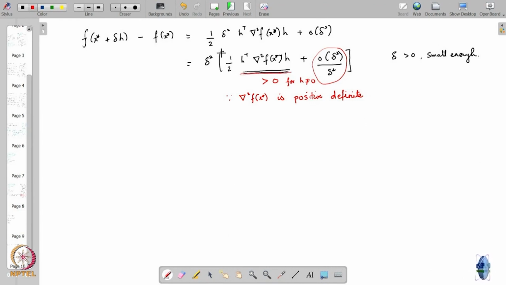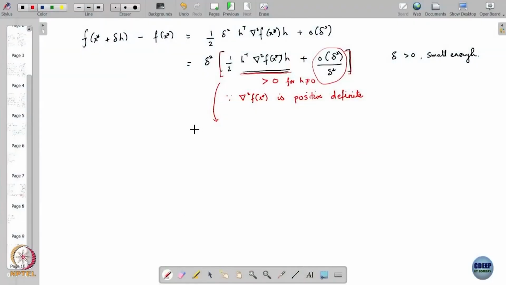So, consequently, whatever is there in the bracket here is going to add up to something positive for delta small enough. So, this bracket is positive for delta small enough, and outside I have a delta square which is also positive. So, in short, what have we got?